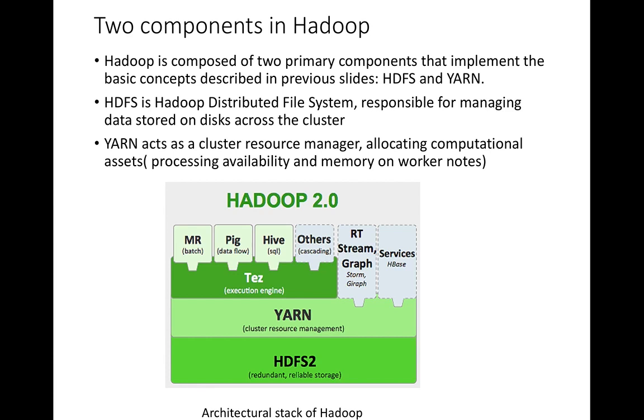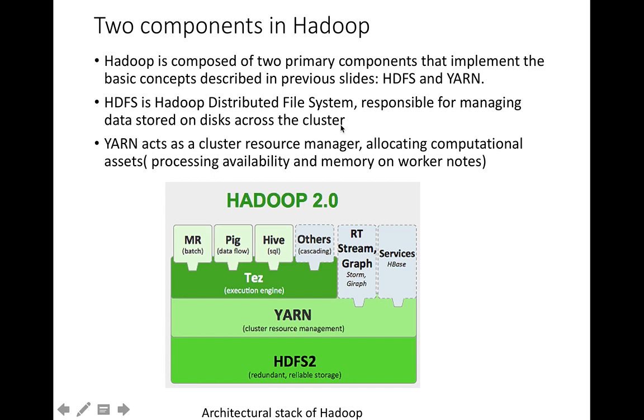After designing Hadoop, you guys will know Hadoop mainly has 2 components. One is called HDFS, another is called YARN. For HDFS, the full name is Hadoop Distributed File System. This framework is responsible for managing data stored on disk across the cluster.